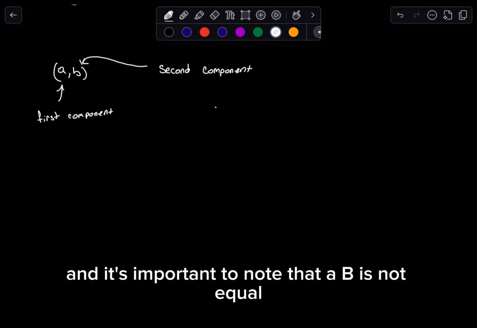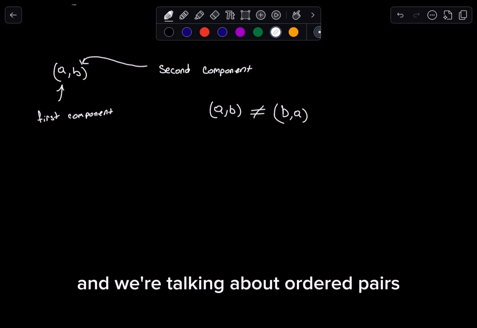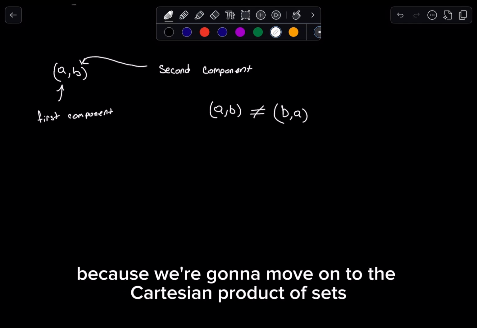It's important to note that (A, B) is not equal to, not the same as, (B, A). And we're talking about ordered pairs because we're going to move on to the Cartesian product of sets.